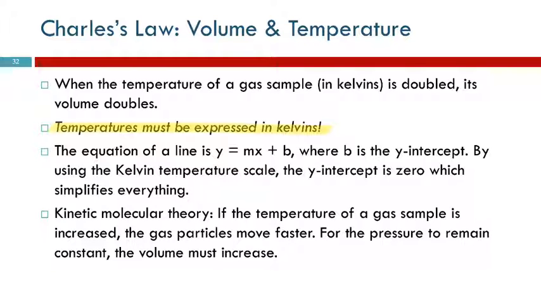That would increase the pressure, but we're making it such that the pressure is the same. We do that by putting it in a container that can expand without any resistance. So if they're banging around more frequently and harder, they're going to cause the container to expand. The volume expands. So you increase the temperature, you increase the volume.